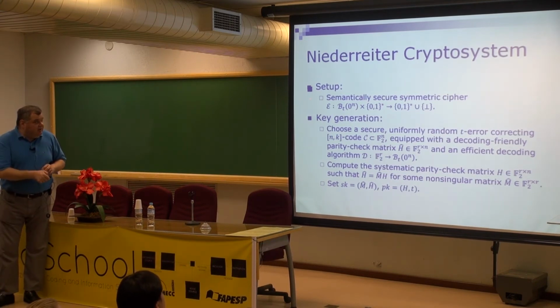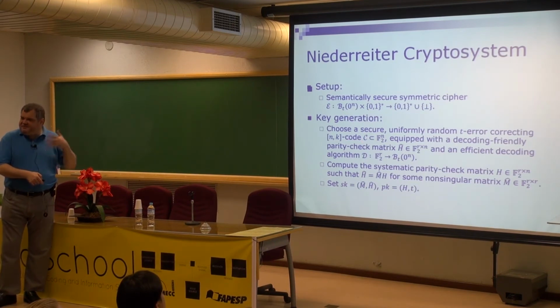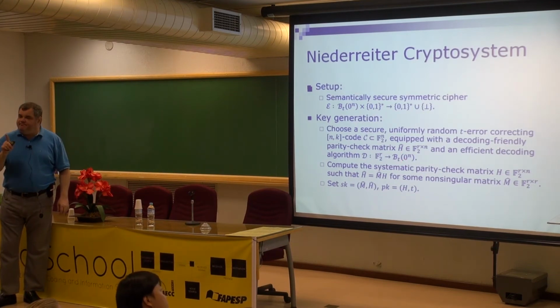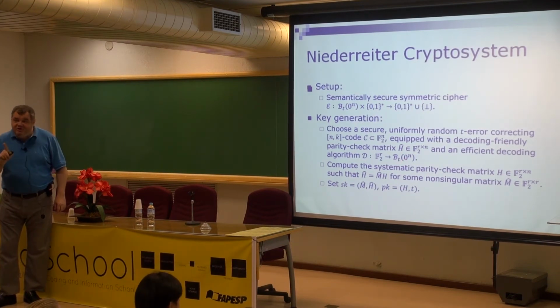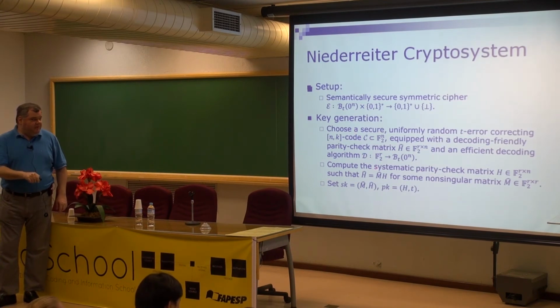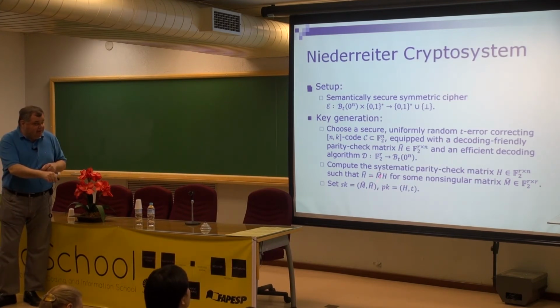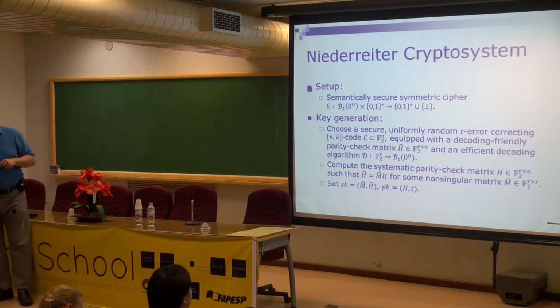Okay, so given this, we choose a code, etc. Exactly the same thing, but here, instead of publishing a systematic generator matrix G, we will publish a systematic parity check matrix H for the code. So there exists a matrix M hat.